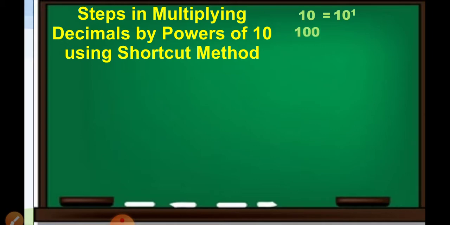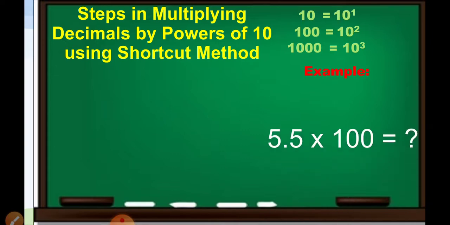Another power of 10 is 100 because in exponential notation, that is 10 to the second power. Then 1000 is also a power of 10 because the exponential notation of 1000 is 10 to the third power. Also 10,000, 100,000, 1 million, those are examples of powers of 10.